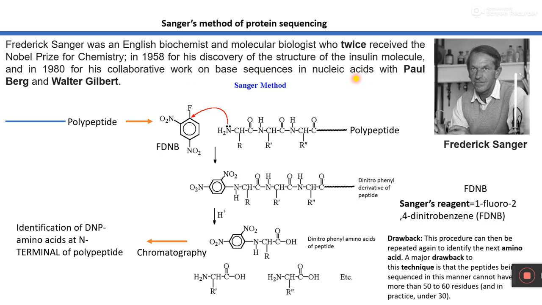So in protein sequencing, Sanger used one compound that is known as 1-fluoro-2,4-dinitrobenzene, in short FDNB, right? Here FDNB specifically binds with the N-terminal amino acid to form a dinitrophenyl derivative of the peptide.